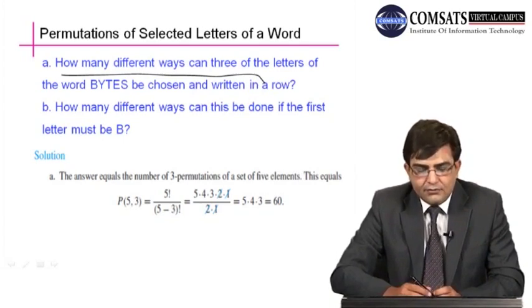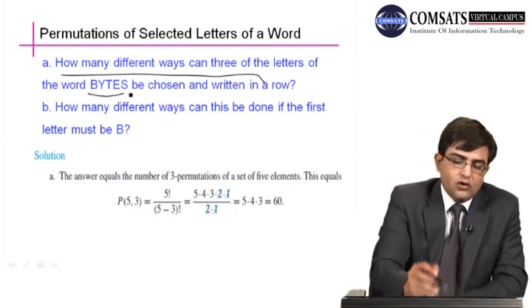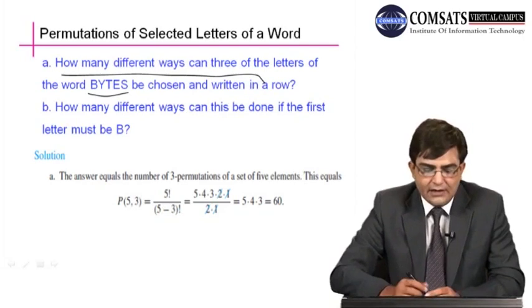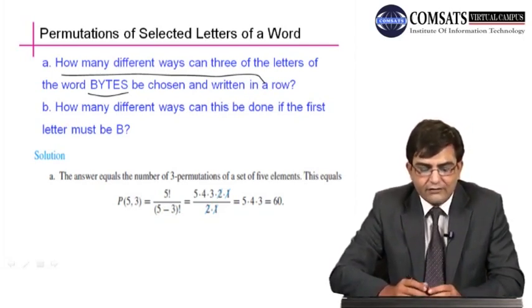Bytes is a word that contains 5 alphabetical letters, B, Y, T, E, S. Now we have to find the different ways so that 3 out of these 5 letters can be arranged.